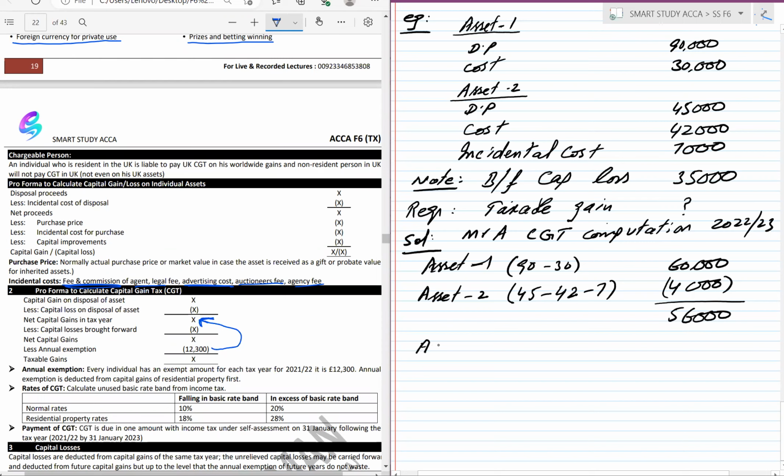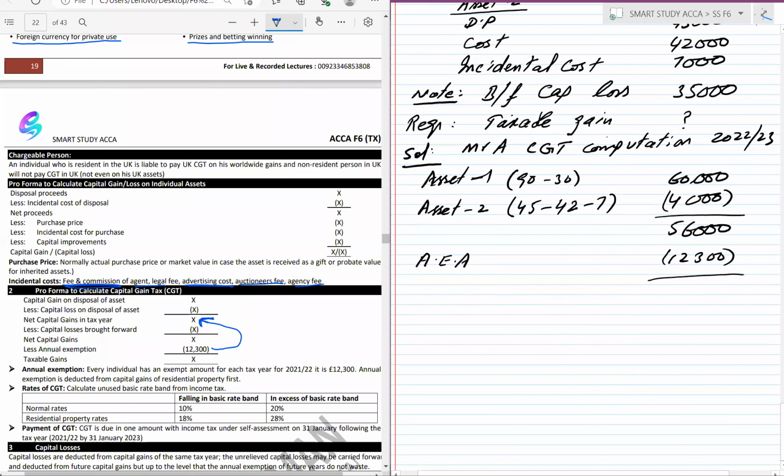Now over here we will deduct annual exempt amount, which is 12,300. Can you please tell me the remaining gains over here? 43,700, if I'm not wrong.